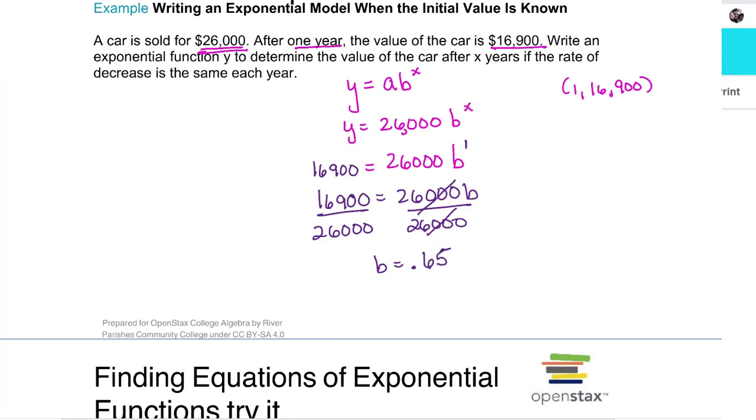So, rewriting our equation, y equals a times b to the x, y equals 26,000 times 0.65 carried to the x.